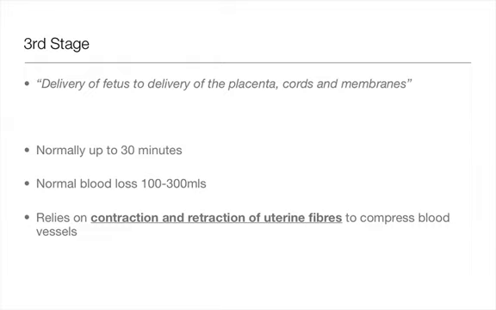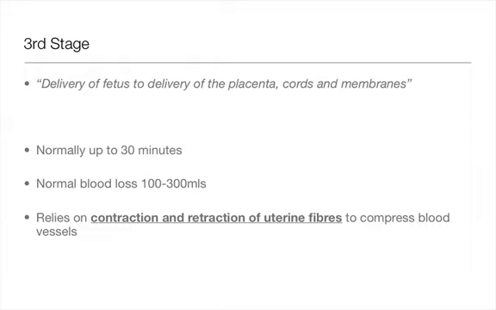The normal blood loss at a normal vaginal delivery is 100 to 300 mils or so. The definition of a postpartum hemorrhage is a loss of more than 500 mils. Many women can tolerate 500 mils depending on what their haemoglobin is, but obviously a larger blood loss can compromise the mother.